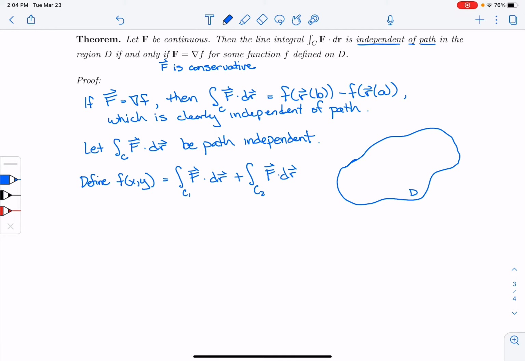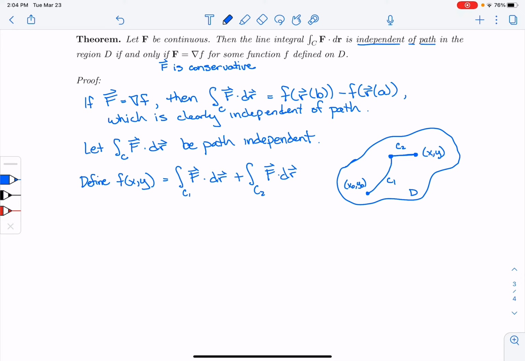Then we're going to give this some sort of starting point. We'll call that starting point maybe x0, y0. And then I'm going to integrate along a path like this, and I'm going to make that path stop. So that'll be C1. And then I'm going to make a horizontal line segment here, C2. Those two paths are going to connect x0, y0 to xy.